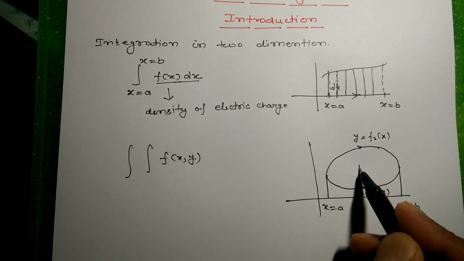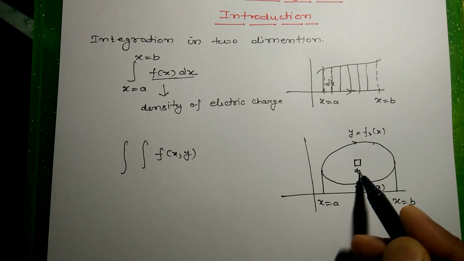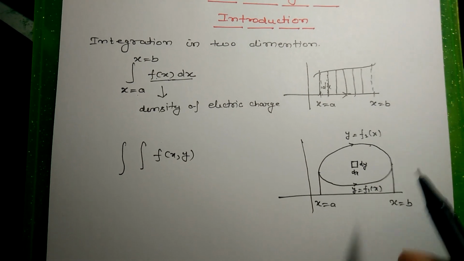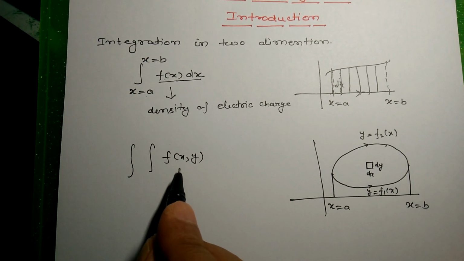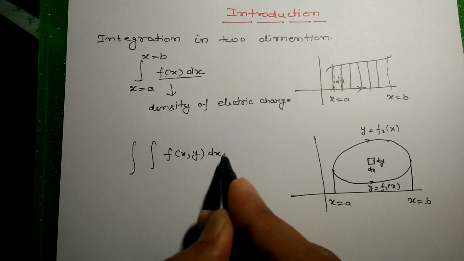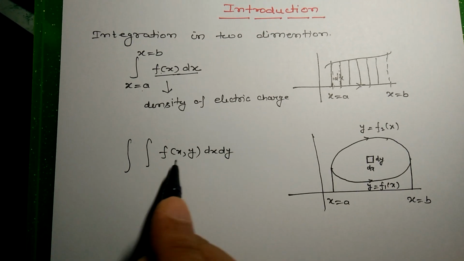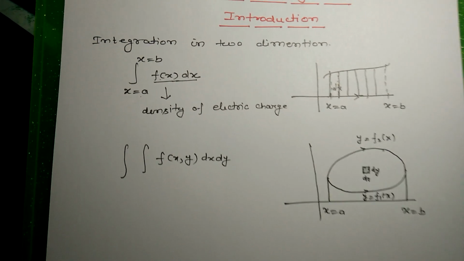So I'm taking a small rectangular patch whose width is dx and height is dy. So the area of this patch is dx dy. f(x,y) is the electric charge per unit area. So how much electric charge is present on dx dy area? That is f(x,y) dx dy.